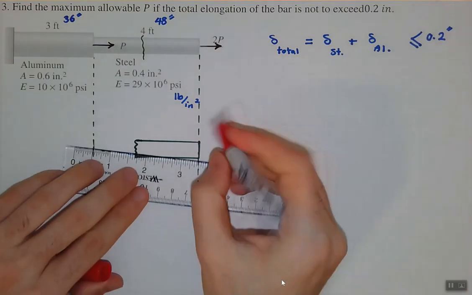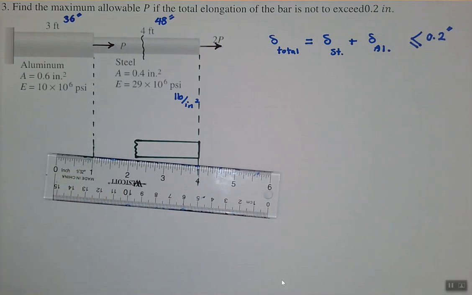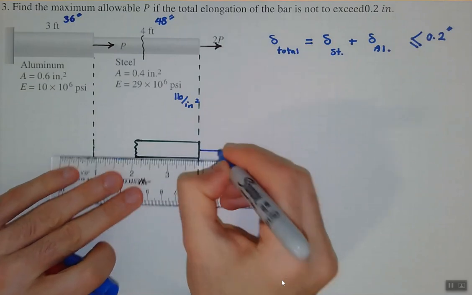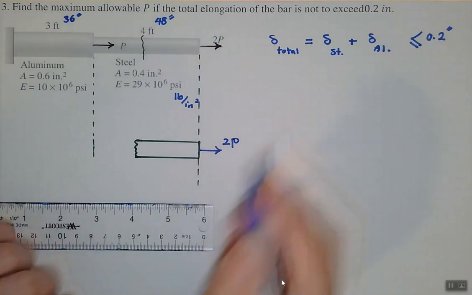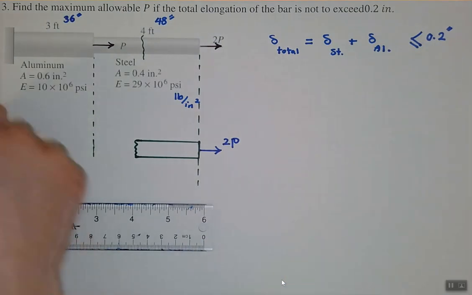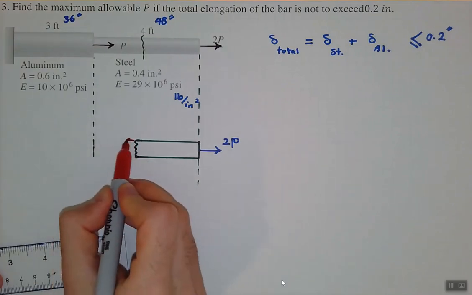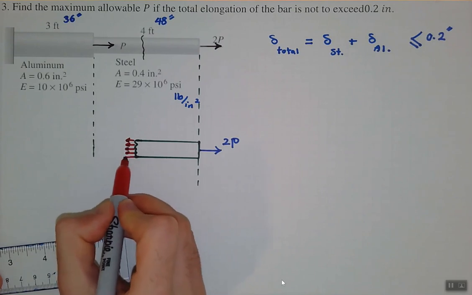So if I apply a load, let's say 2P, whatever load I have over here, because we are in statics, everything has to be in equilibrium, then we know that this 2P causes some internal loads over here, which we call stress.